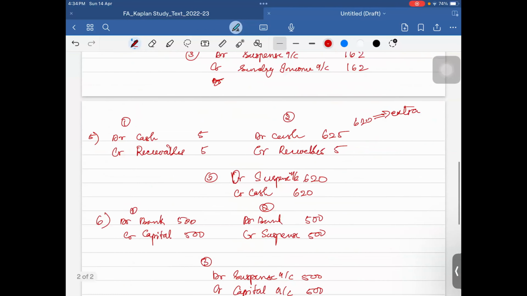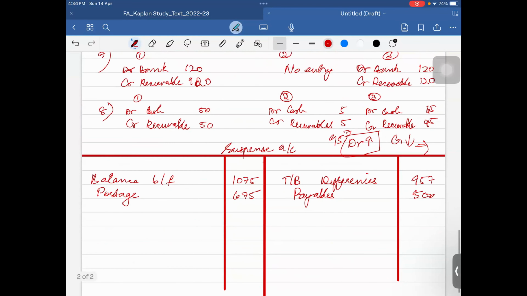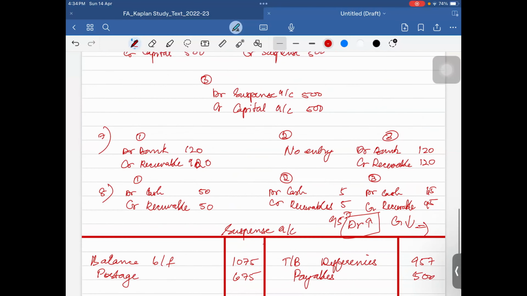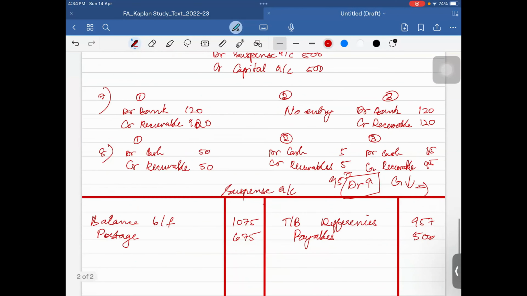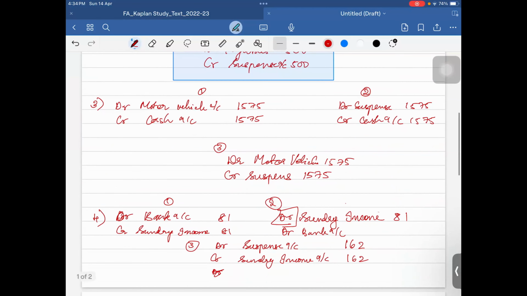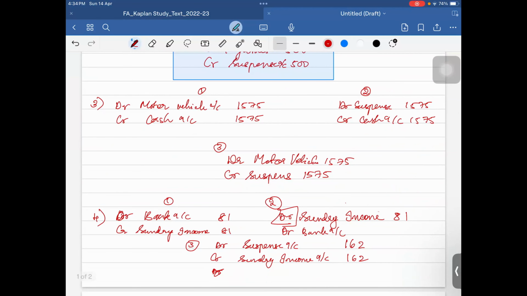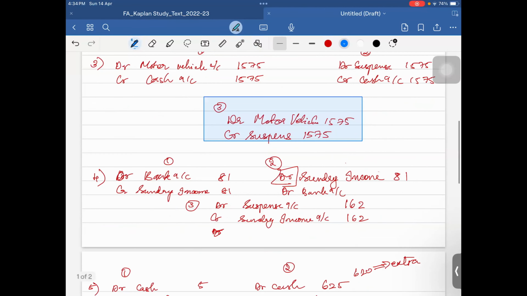Now, third one. Suspense is on the which side? Suspense is on the credit side. So, motor vehicle comes on the credit side.